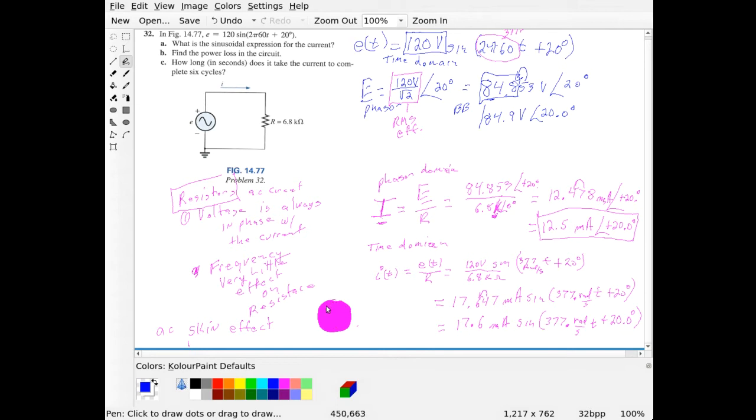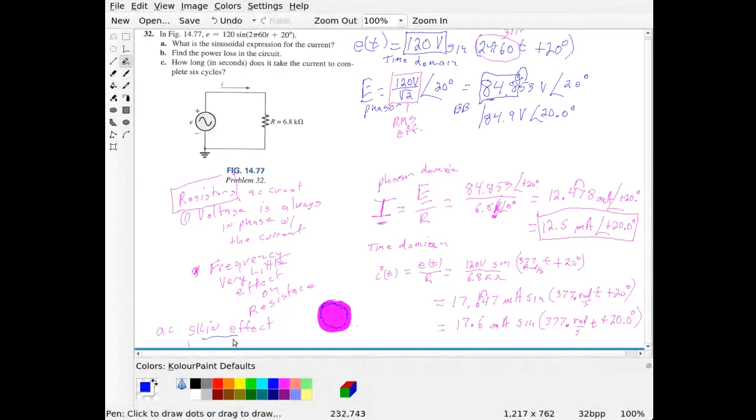However, in AC circuits the current tends to gravitate to the outside of the wire. The current doesn't like to go in the center. DC doesn't care; DC would use the entire cable, all the area inside for current flow. But AC tends to gravitate toward the outside layers of the wire.